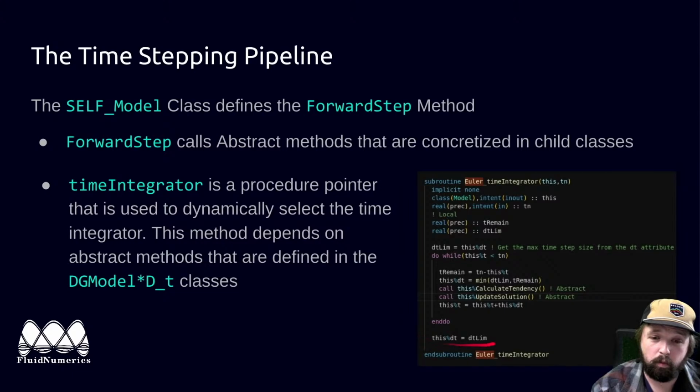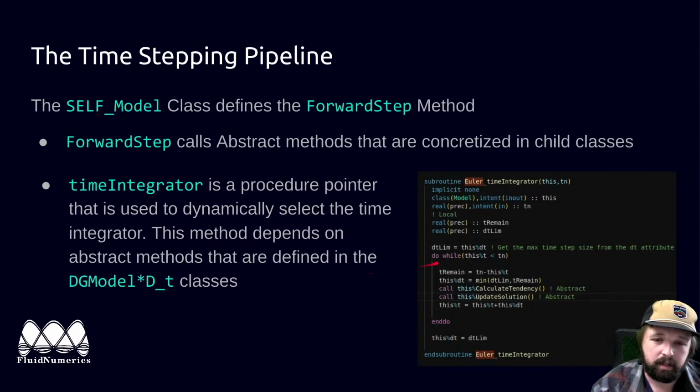If you wanted to write a time integrator that suited your needs better than what we've provided out of the box, you can easily do that and then point the model time integrator to your own subroutine.